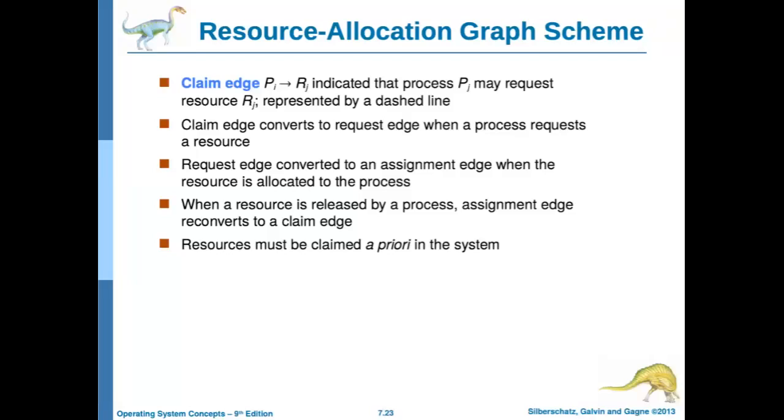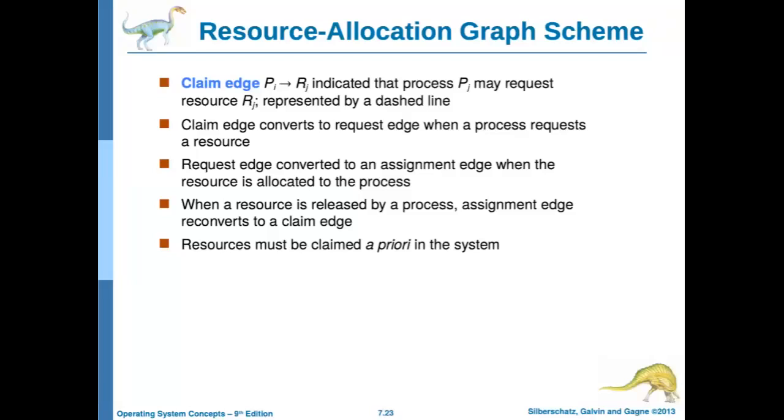Now, how will it decide? If that would result in a loop or cycle, then it will not be allowed; only otherwise will the claim edge be converted to a request edge. So don't get confused between claim edge and request edge. A request edge is whenever a process requests a resource, but before that we need to check, because this is our algorithm, right? Before that we need to check whether adding this edge in my graph will result in deadlock.